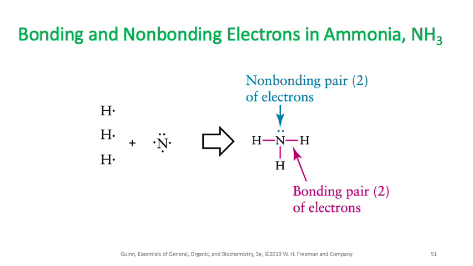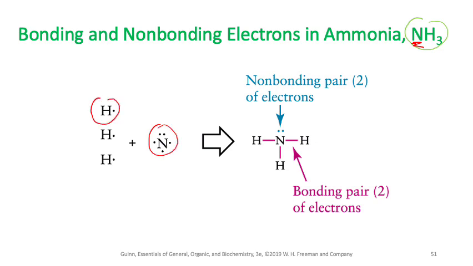Now let's take one more example, NH3. This is ammonia. Nitrogen belongs to the 5th group. How many bonds can it make? 3, because it needs 3 more electrons from somebody else which can share with nitrogen to make it 8, because it has 5 valence electrons. So nitrogen has 5 valence electrons, each hydrogen has 1.